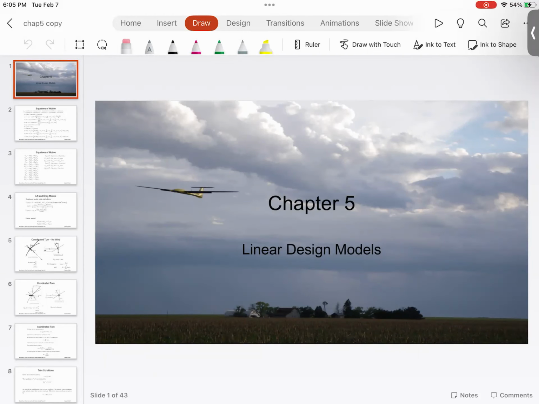Okay, in today's class, we are going to talk about linear design models. So now here is the basic idea. Everything starts with those 12 differential equations of motion.